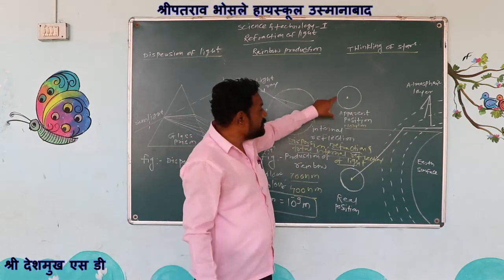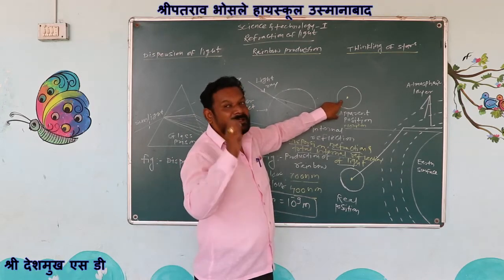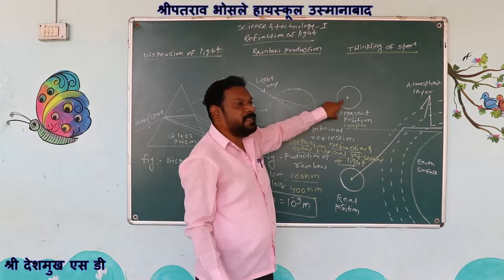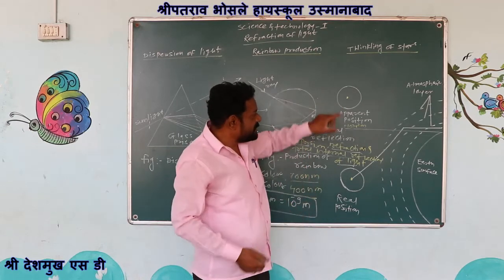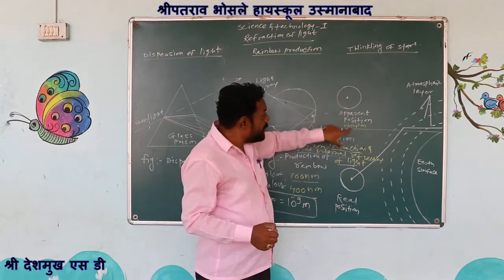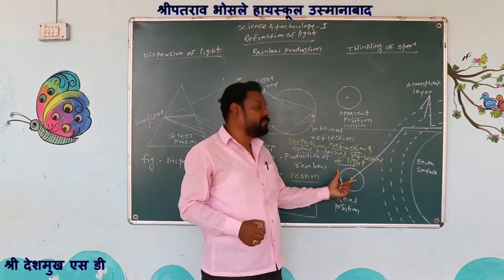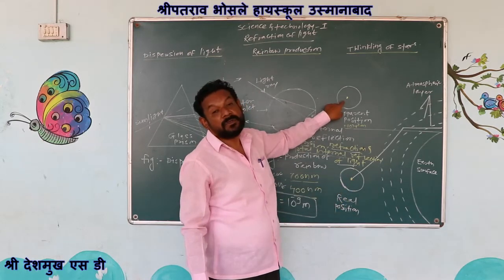The change in density and temperature of air also changes the refractive index of the medium. So the brightness of the star changes; this is the real position of the star, this is the apparent position of the star.